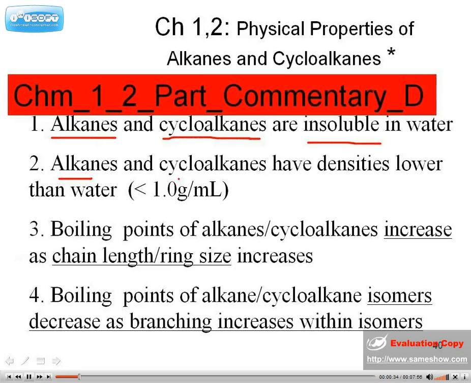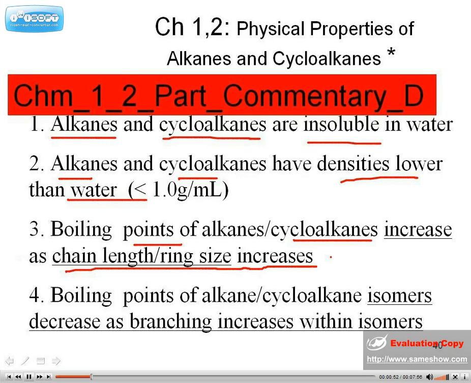Alkanes and cycloalkanes have densities lower than water, so they have a density of less than 1. Boiling points of alkanes and cycloalkanes increase as chain length and ring size increase. So the bigger the alkane, the higher the boiling point.